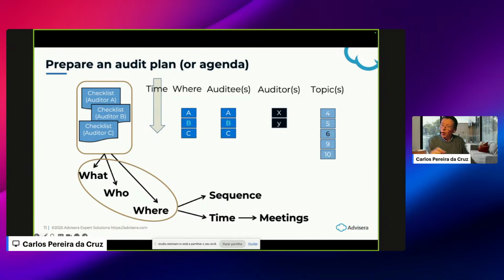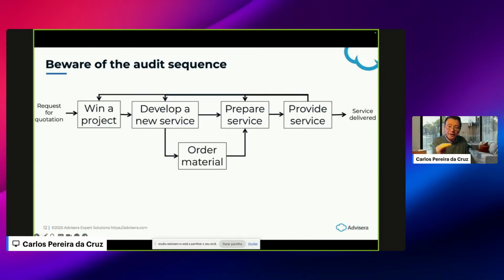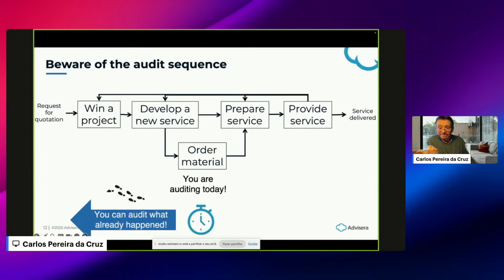Now, when you're preparing that sequence, be aware of the audit sequence. When thinking about the best sequence for your audit, remember this. Look into this process map. You are auditing today. When you are auditing today, you can audit what is happening right now, you can see what is happening, and you can audit what already happened.